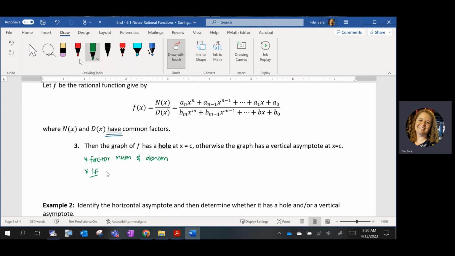So if any factors reduce, that means if they have anything in common, there is a hole.